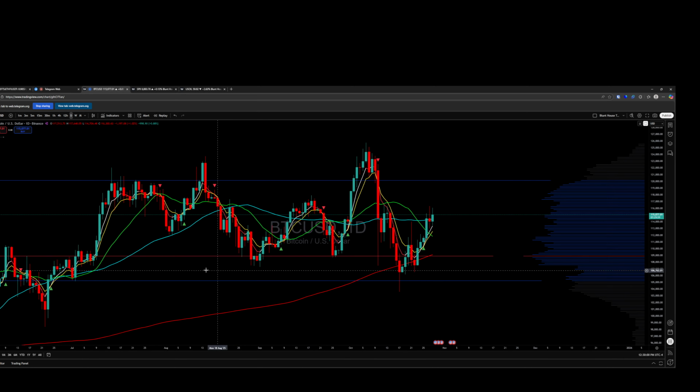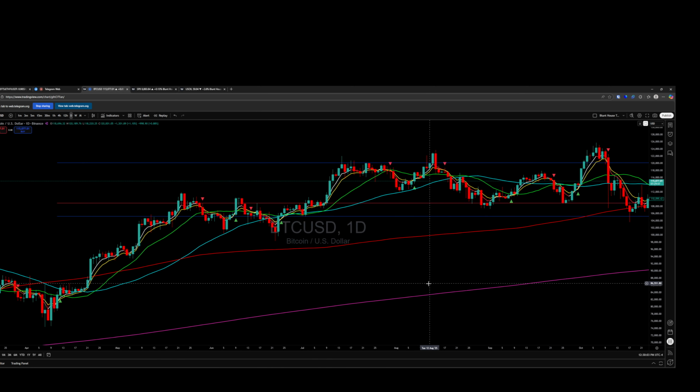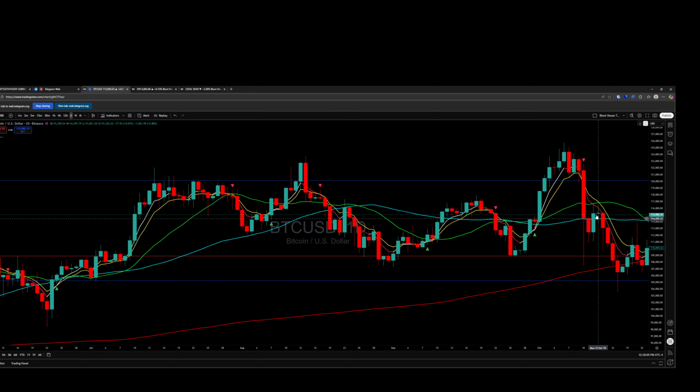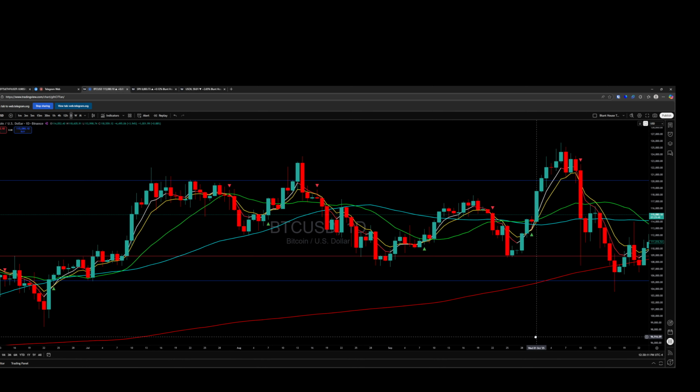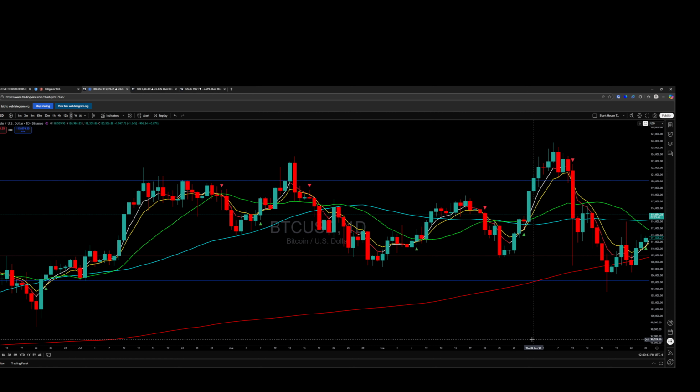And how many times could you have made a mistake trying to long what you thought was a bottom on this daily chart? I know there were people out there trying to do, oh, this is the bottom, oh, this is the bottom. And of course they're looking at really short time frames. Everything might look like a bottom if you change your time frames enough times.